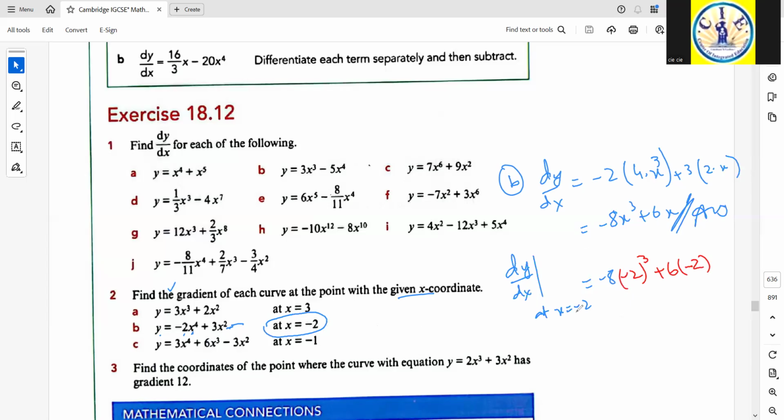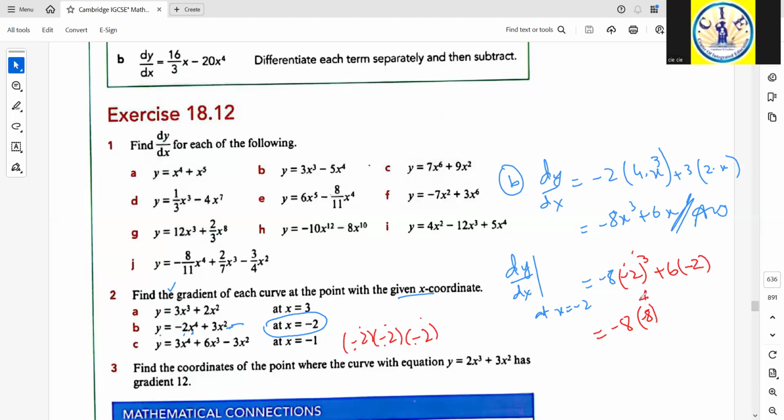Okay, this will give us negative 8 times negative 8, because negative 2 raised to the power 3 means negative 2 being multiplied with itself thrice. So 2, 4, 8, and then minus, minus, plus, plus and minus is minus once again.